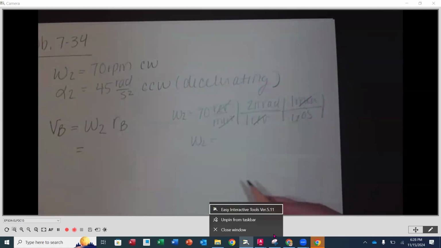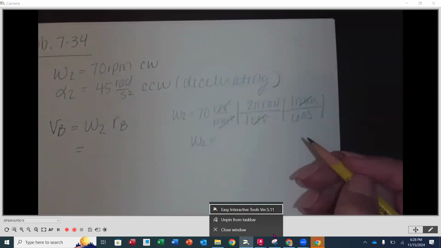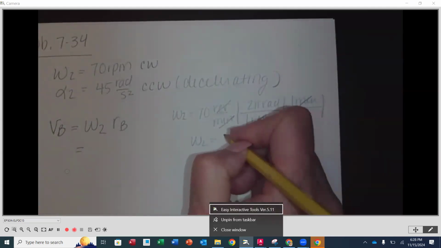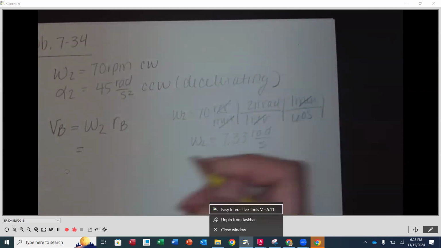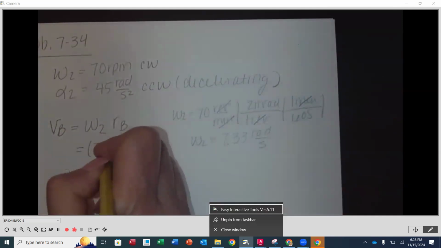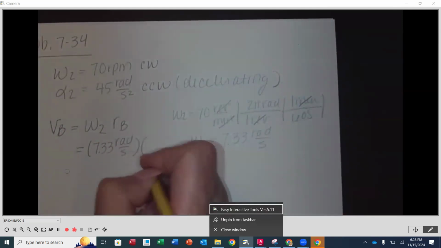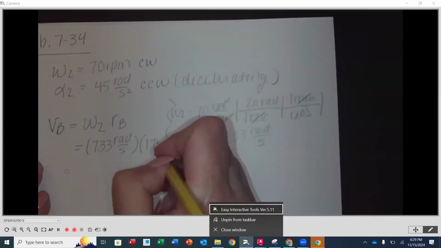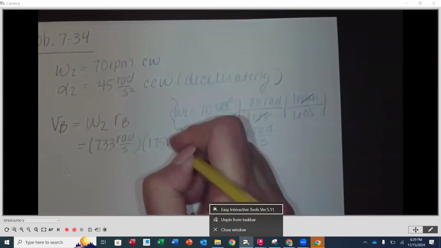Josh, do you know that value? 7.33, okay. And that would be radians per second. Thank you. So that'll be the 7.33 radians per second. It's going to go there. And then the radius B was 1.75 inches.